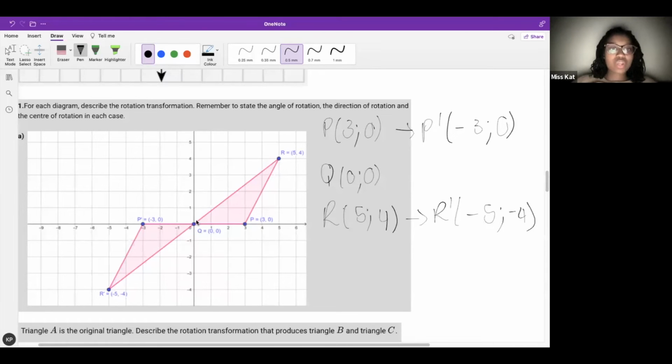180 degrees is the only one where they don't swap. 3 stayed in its position. 0 stayed in its position. 5 stayed in its position. 4 stayed in its position. So 180 degrees, remember, is the only one where the coordinates do not swap. And it's the only one where both signs change.